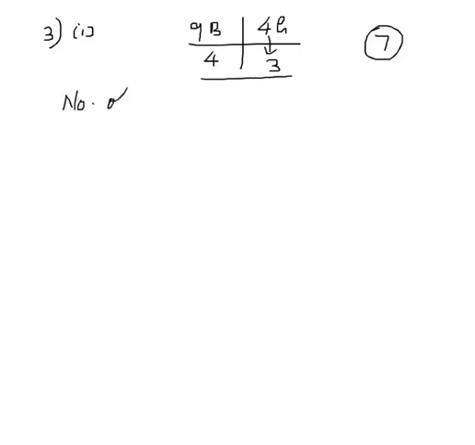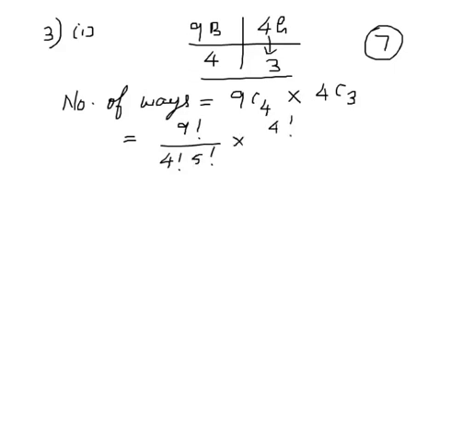Therefore, number of ways is equal to, this is a very simple question. It is a selection question, so combinations we have to use. 9C4 and, so multiply it with 4C3. So 4 boys can be selected in 9C4 ways and 3 girls can be selected in 4C3 ways. We need 3 girls and 4 boys, so multiply. Let us simplify this. 9 factorial divided by 4 factorial times 5 factorial, and 4 factorial divided by 3 factorial, and 4 minus 3 is 1 factorial.